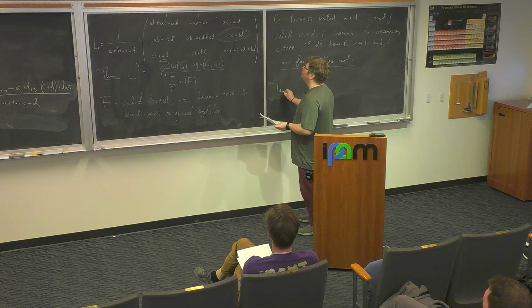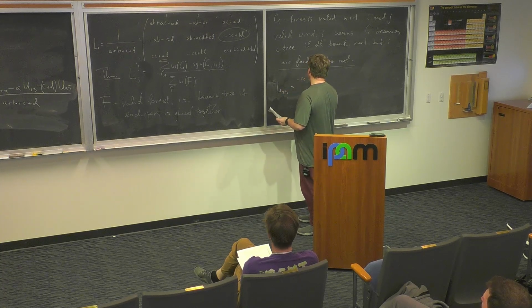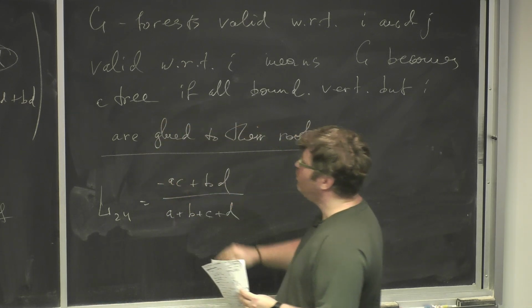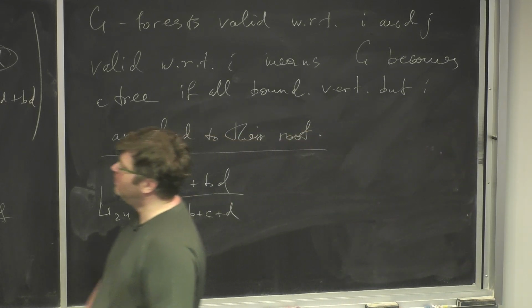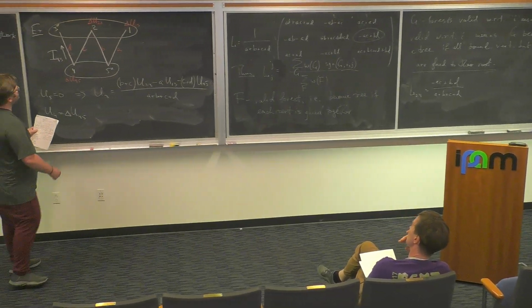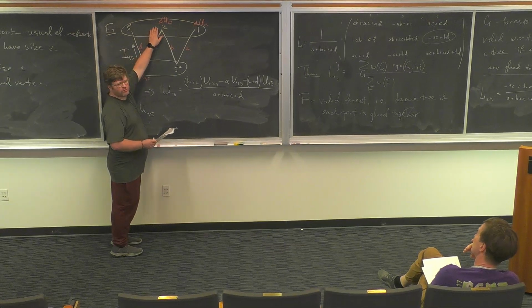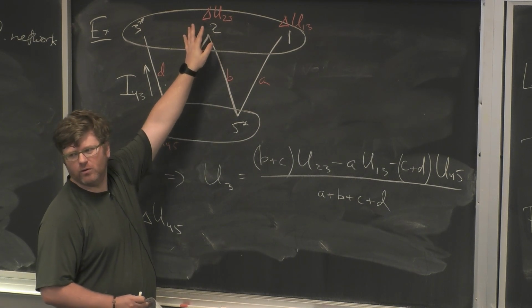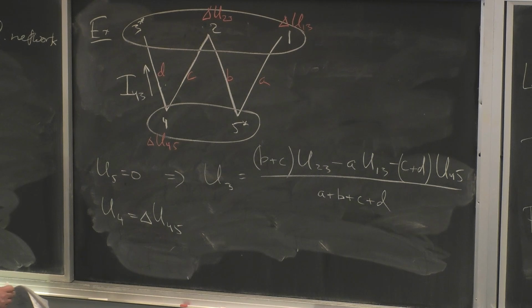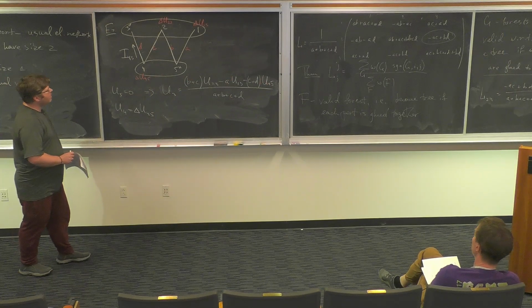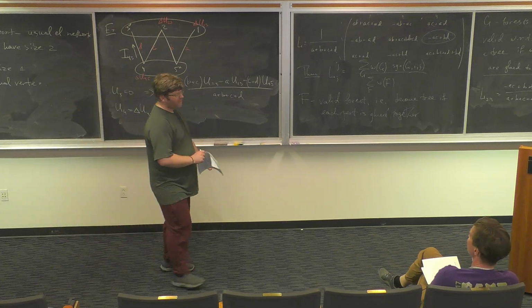So L24 equals minus AC plus BD divided by A plus B plus C plus D. So we are looking for forests in this graph such that if we glue everything except for vertex 2 to the root, so we would be gluing 1 to 3, and we would be gluing 4 to 5, but we would leave 2 alone, then I claim AC becomes a tree in the result. It seems true. And also AB.